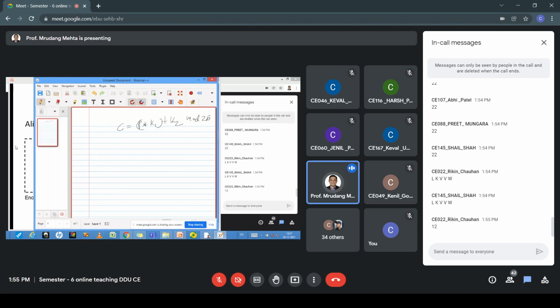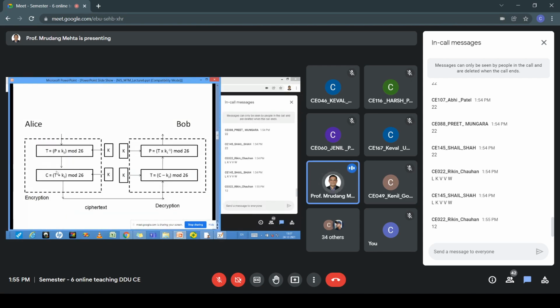This is the main process on Alice's side, that is encryption. Here K1 is from Z26 star, and K2 is from Z26. Then the ciphertext is sent to Bob.